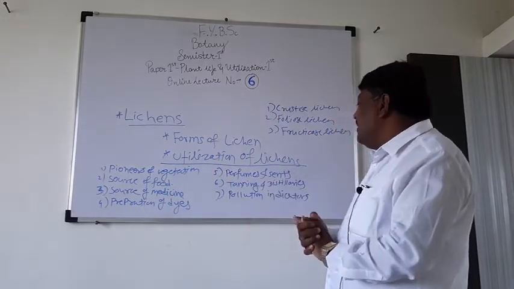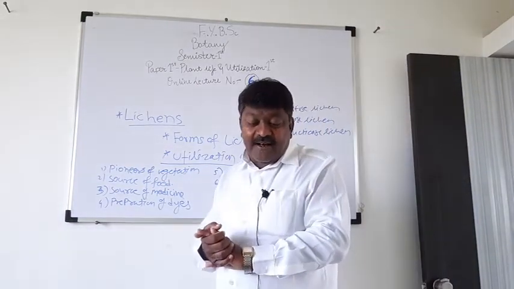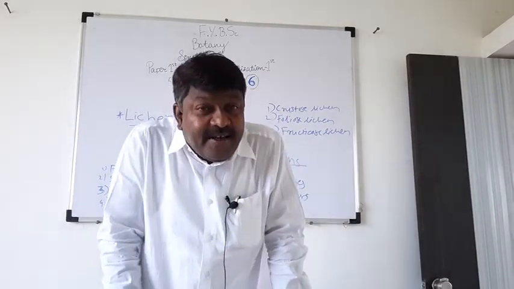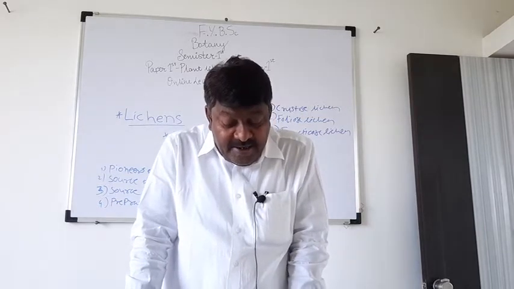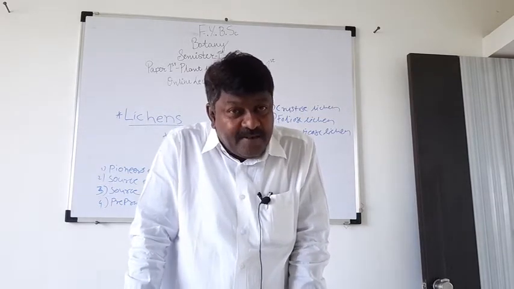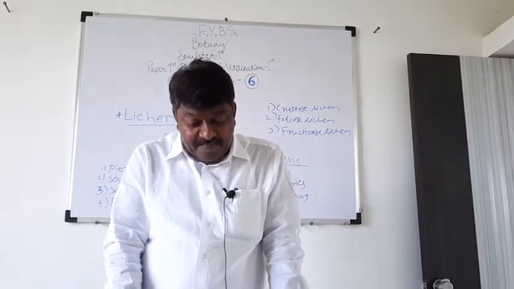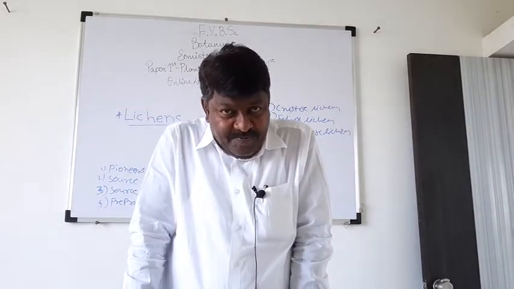Then fifth one is perfumes and scent. Some lichens containing essential oils are used in soap and in perfumes. There are some examples. Species of Evernia are used in French perfumes.